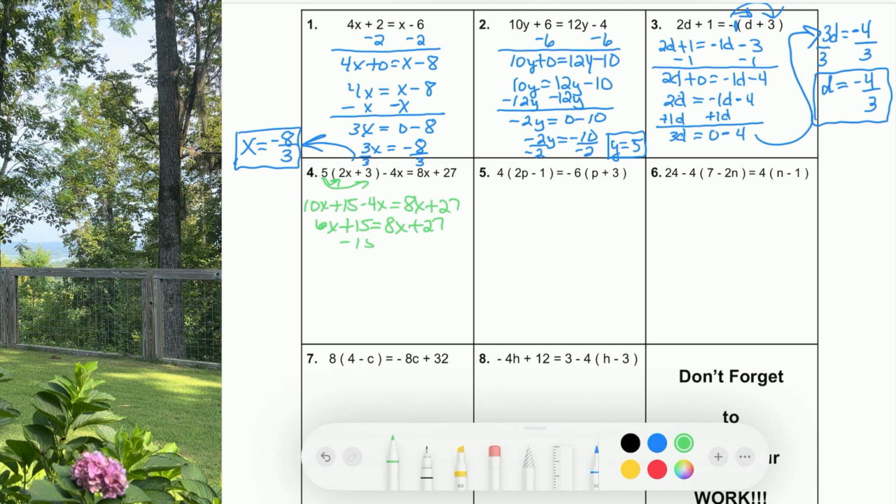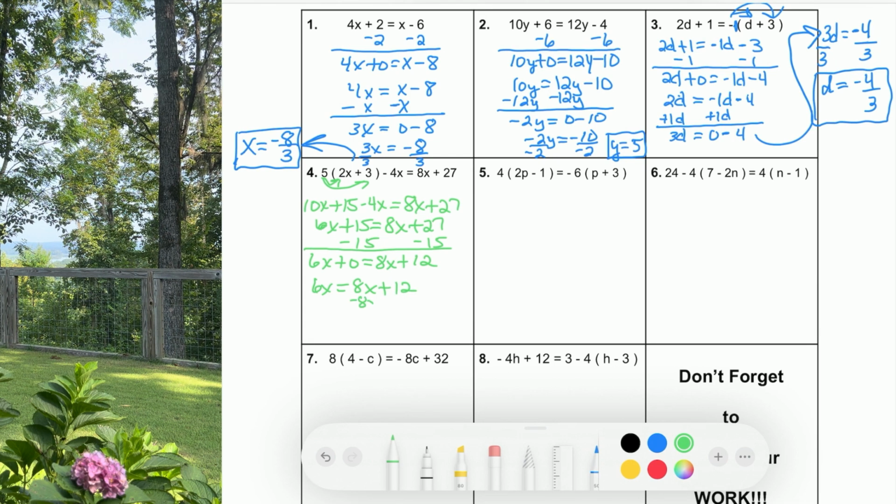I'm going to subtract the 15 from both sides. I get 6x plus 0 equals 8x plus, not 27. I need to actually subtract that. So I get 12. Okay, so now I'm going to rewrite it. 6x equals 8x plus 12.